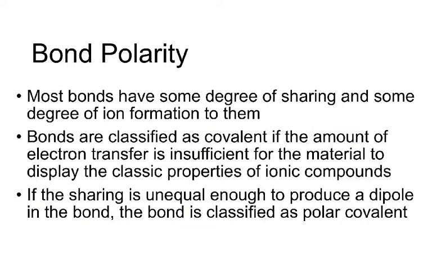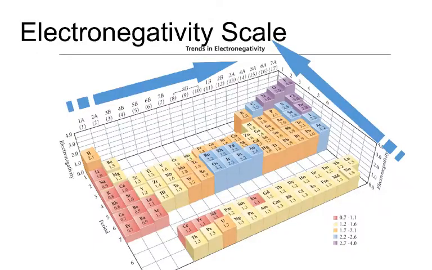Now, most bonds are going to have some amount of sharing and some ion formation. So we need some sort of definition here. So if a bond is covalent, it's not going to have the full electron transfer, but if there's enough unequal sharing to produce a dipole, which means it aligns in an electric field, the bond is classified as a polar covalent bond.